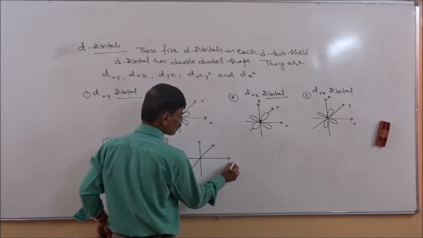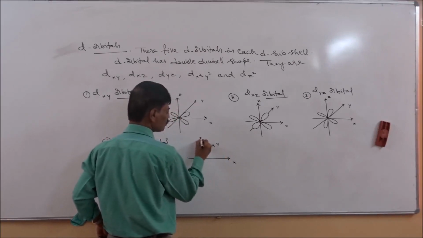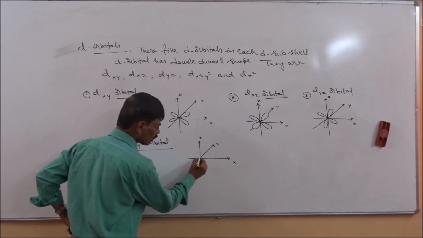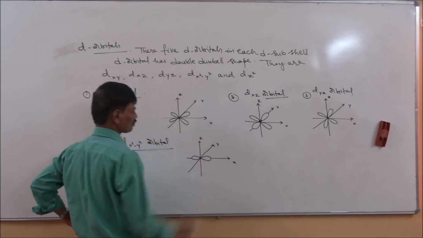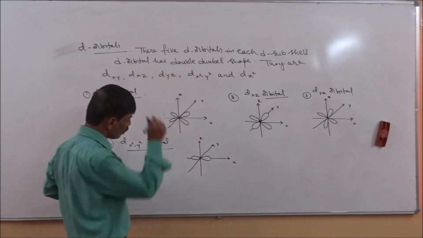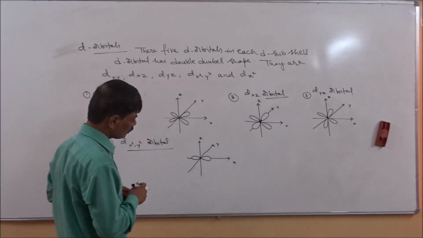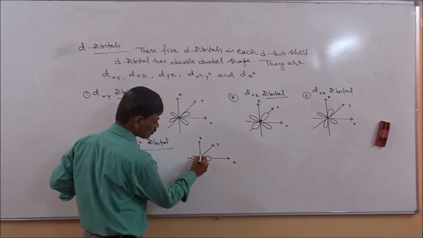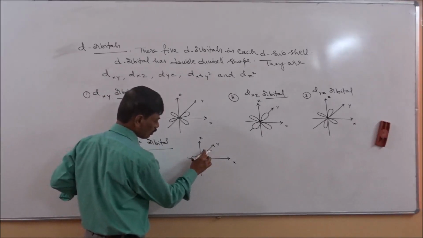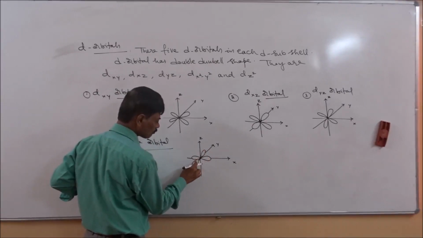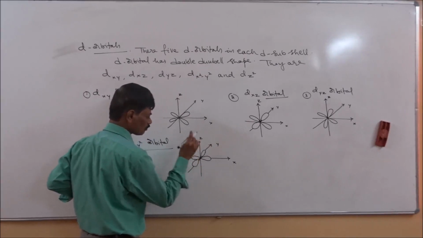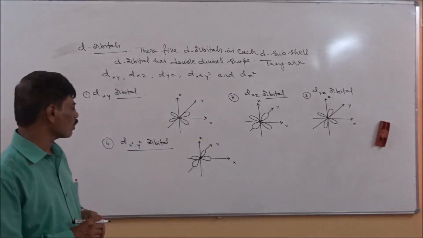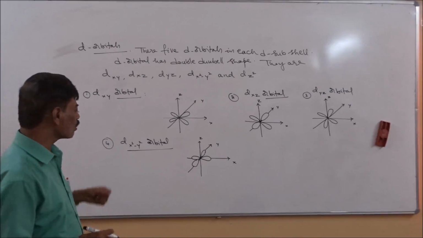This is the x-axis, y, z-axis. Now on the x-axis one dumbbell, next on the y-axis, the other dumbbell. This is the dx square y square orbital.